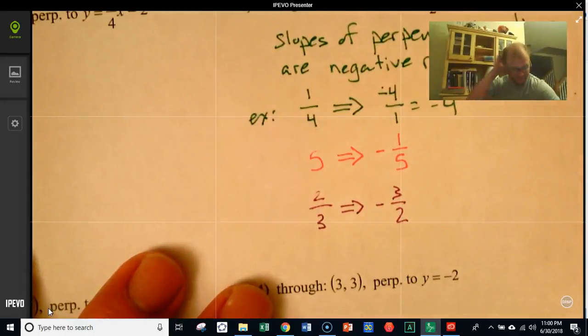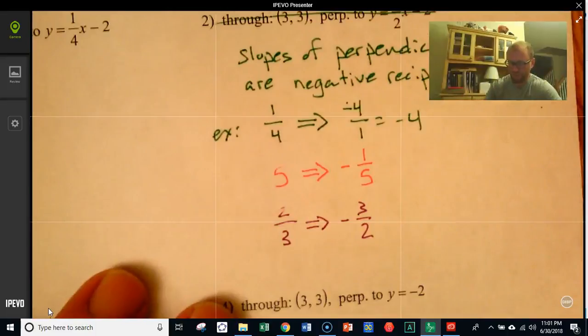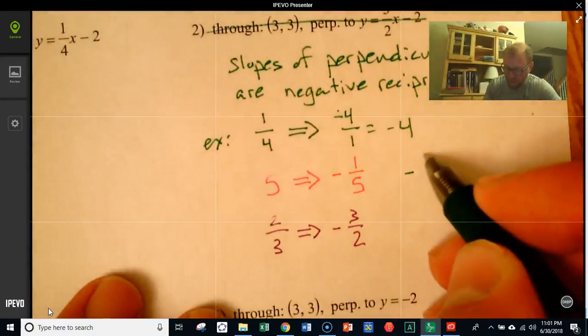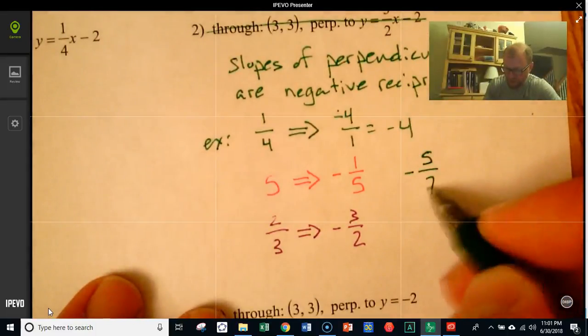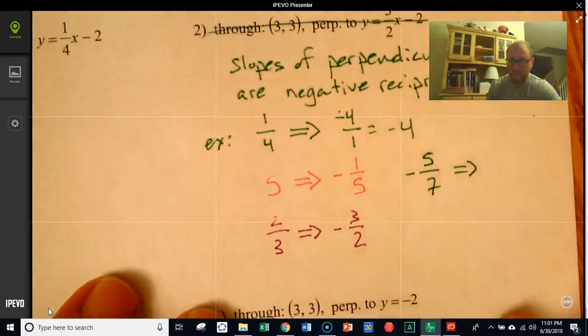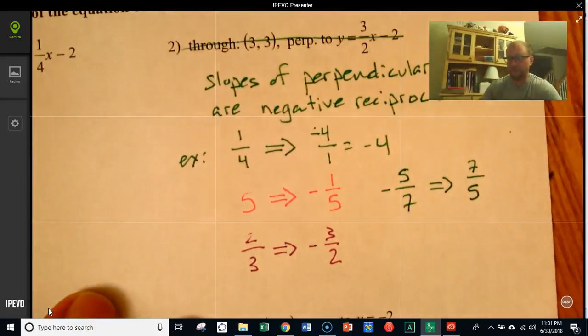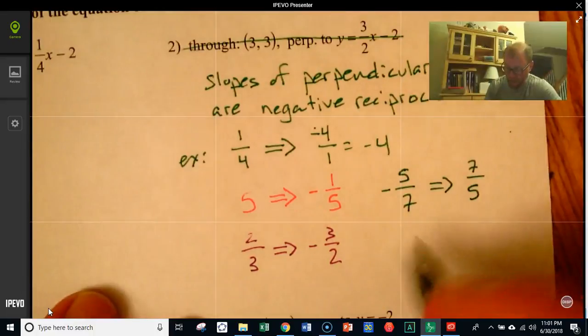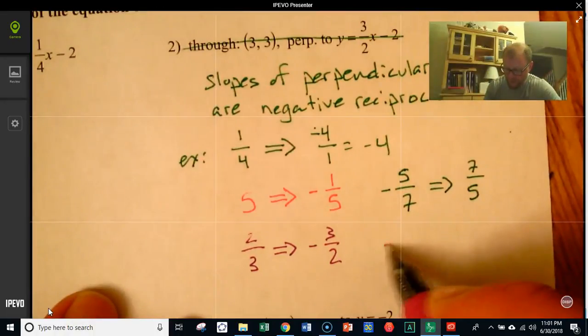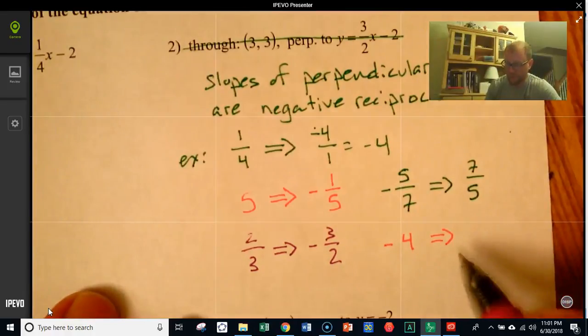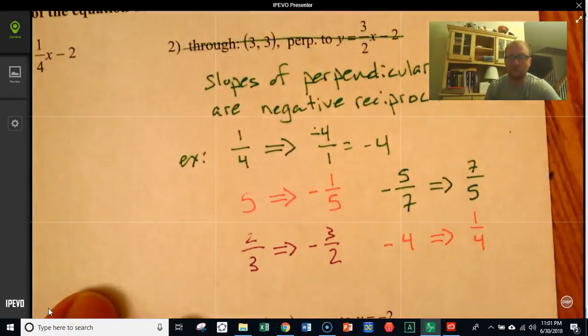Well, so basically what you do is you just flip the fraction upside down and change its sign. Here's another example. If I have negative 5/7, that becomes positive 7/5. Or if I had, say, negative 4, that would become positive 1/4.